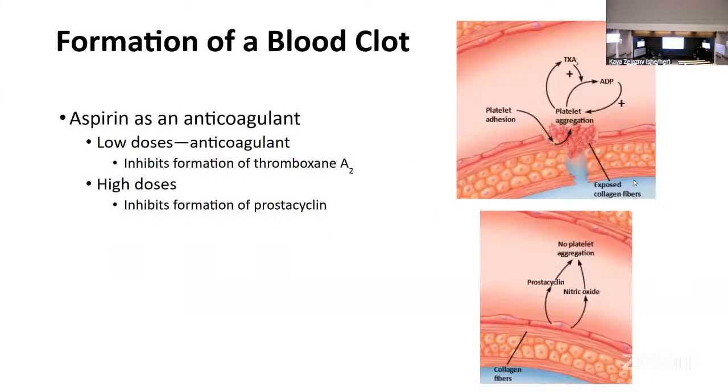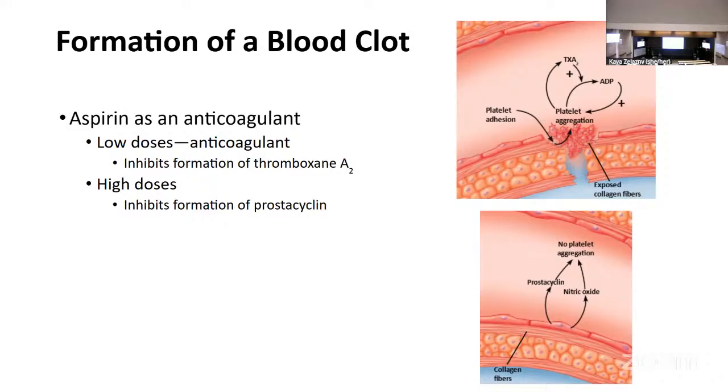Our final piece of the picture here and our final clinical note is going to be about aspirin. You may know someone or have heard of someone who has a history of heart attacks and is told to take baby aspirin every day, or maybe they tell you to do that in response to strokes too. I don't remember off the top of my head.